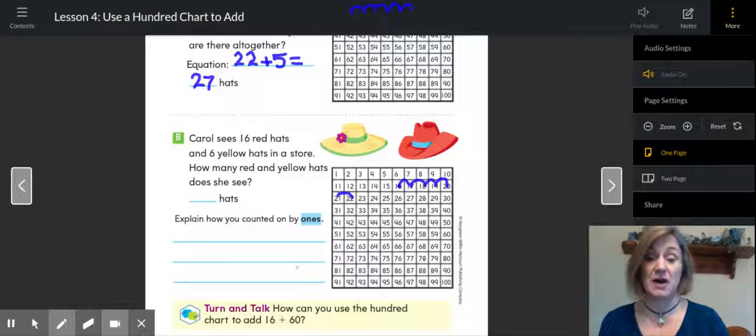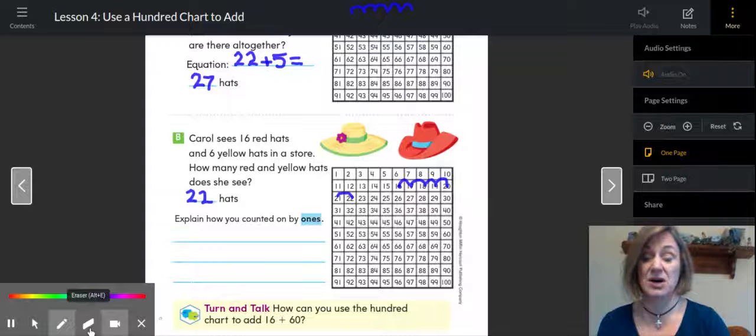I counted across. We didn't go down until we had to go from 20 to 21, but I counted across the number grid. So this one would be 22. When it says explain how you counted, you could say I counted across or I hopped across the number grid.